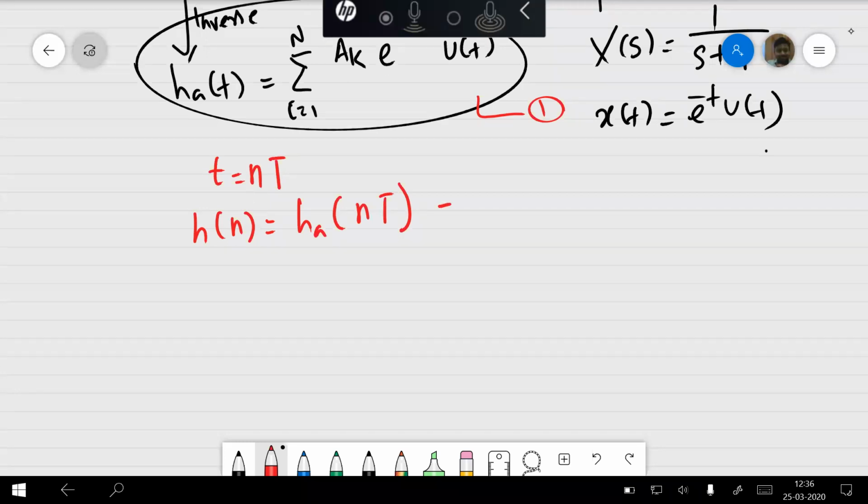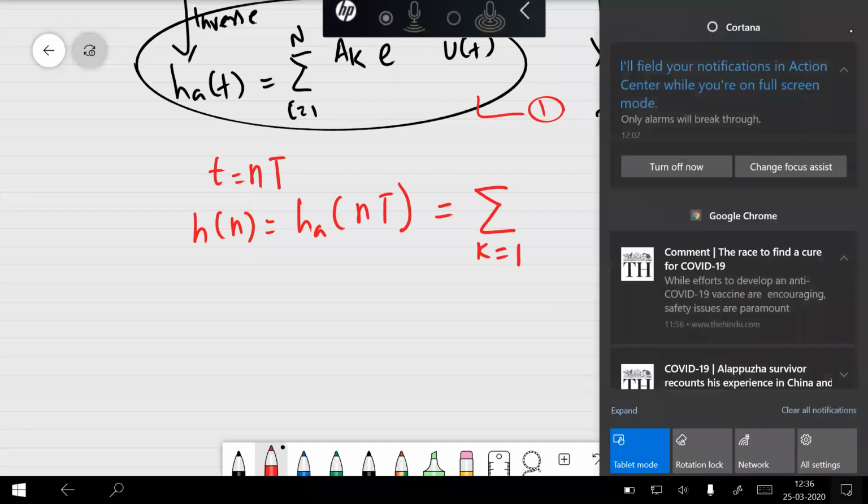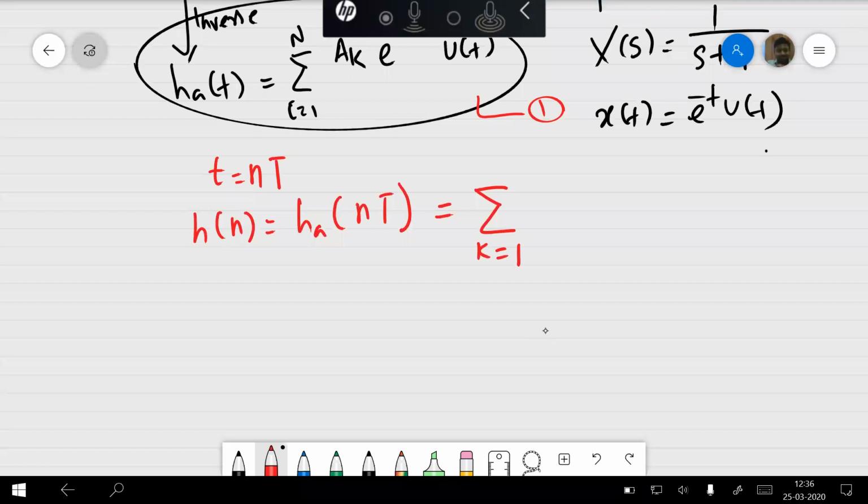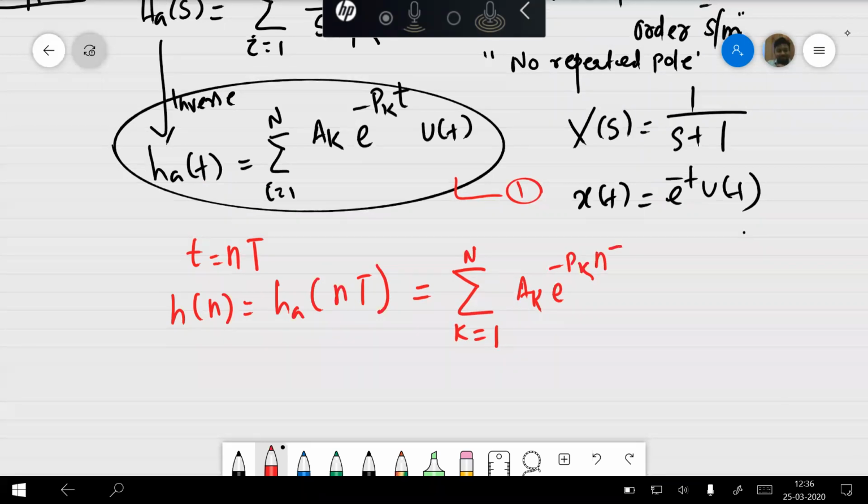This is equal to summation k equal to 1 to capital N, ak into e to the power minus pk, and in place of small t we are replacing n into capital T, then u of nT, right?